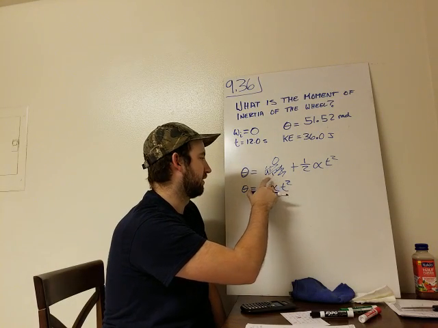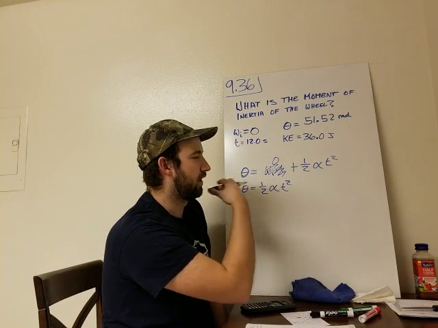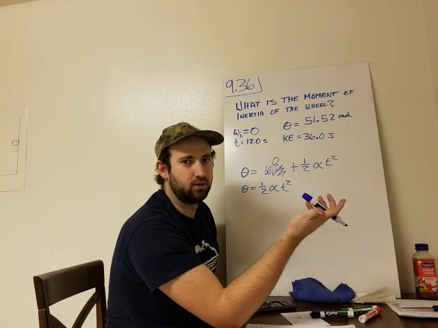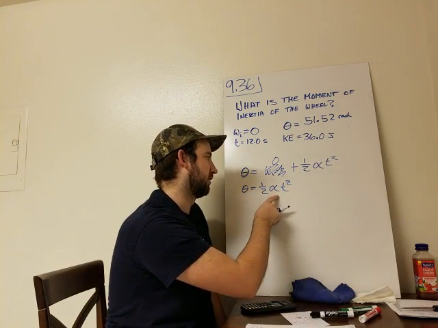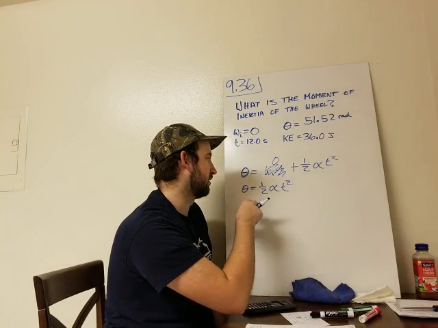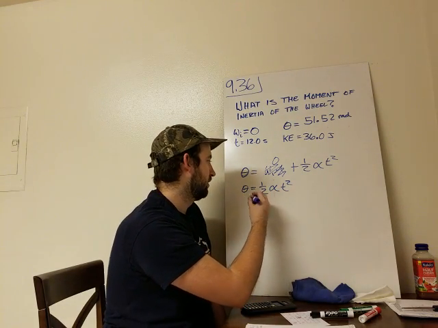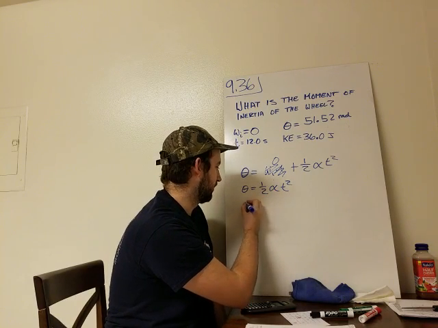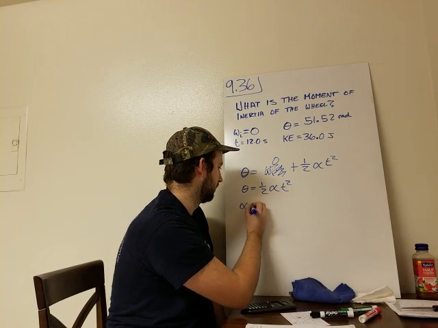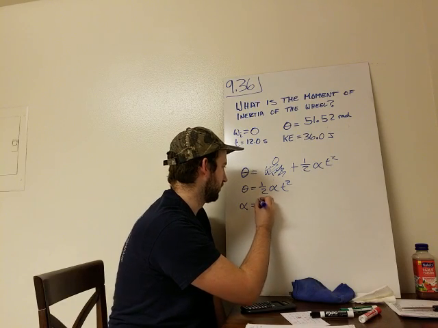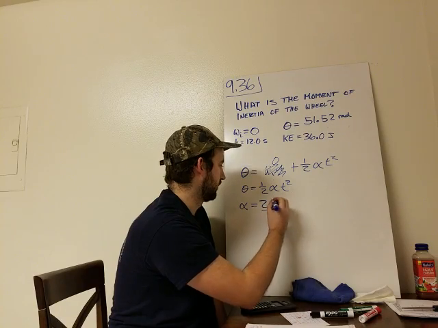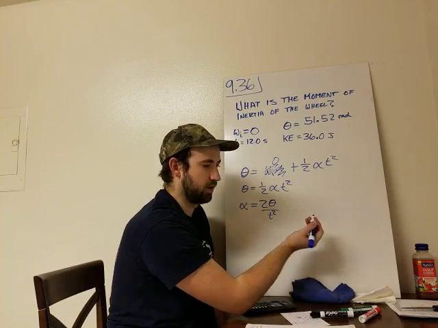We don't know the acceleration, and in order to find the final angular velocity, we need to find the acceleration first. So now we can just isolate, and we end up getting that the angular acceleration is equal to 2 theta over time squared.